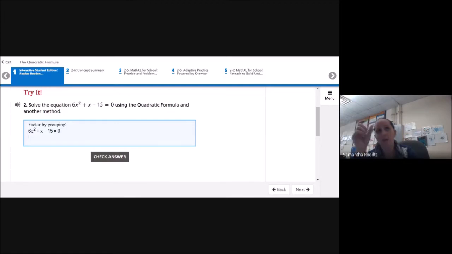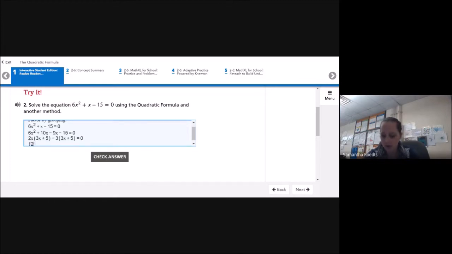In order to get multiples of 15 that add to equal 1, when I'm still multiplying by 6x squared, I get 6x squared plus 10x minus 9x minus 15 equals 0. So I get 2x times 3x plus 5 minus 3 times 3x plus 5 equals 0.